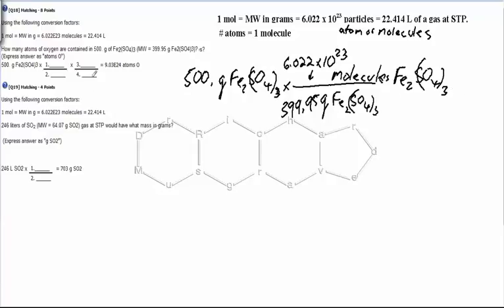Now what we need though is the number of oxygen atoms there. So we'll have to do times, and I know molecules of Fe2(SO4)3 go on the bottom.